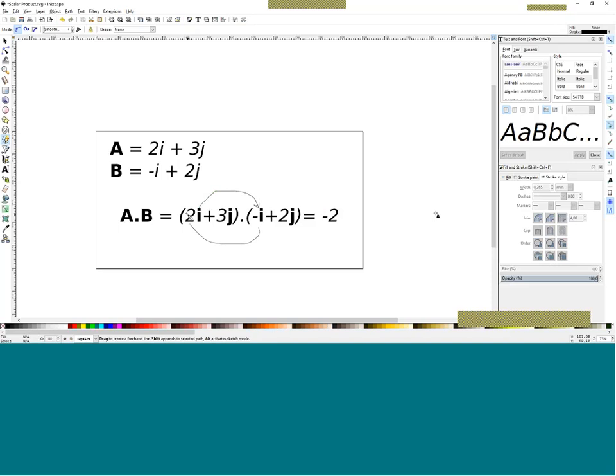Then we continue like normal. 3j times 2j, 3 times 2 is 6. And you notice, aha, i times j is equal to 0, so those terms don't matter because they are 0. Everybody's writing down the result.